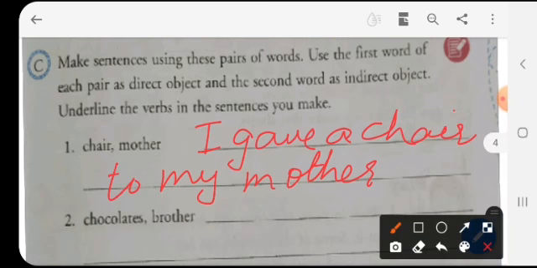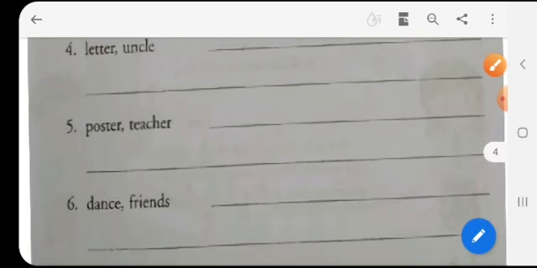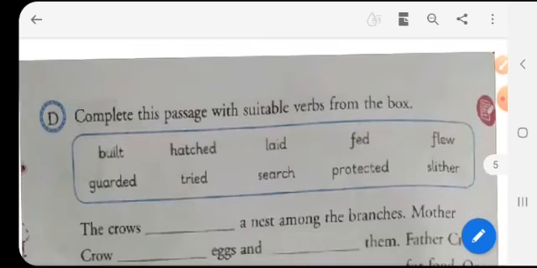The verb used here is gave, and you have to underline the verb. This is how you are going to make sentences of all these pairs of words.